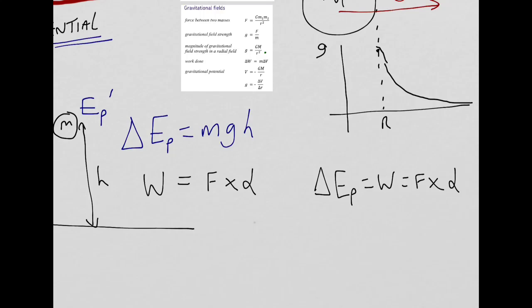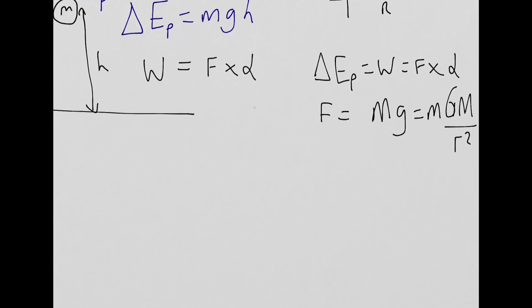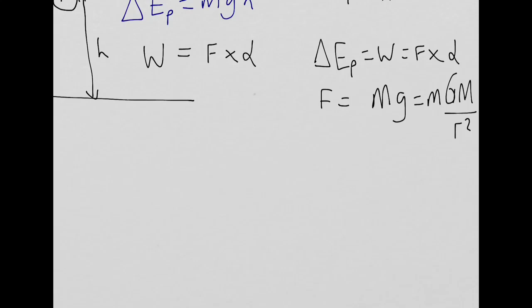Well, we know that our force will be equal to mg, so that's that. But the g we're going to use is the more generalized formula, so it's going to be m big G big M over r squared.